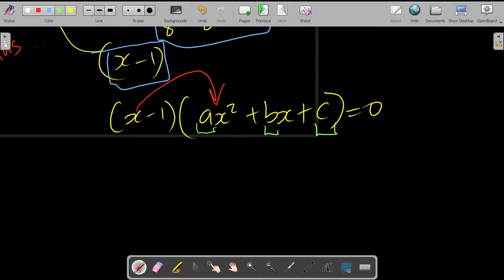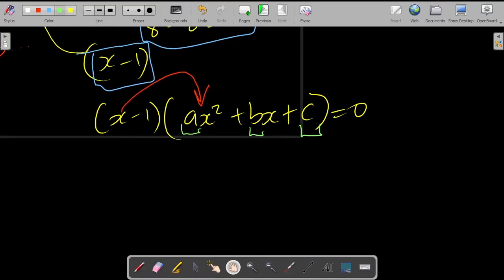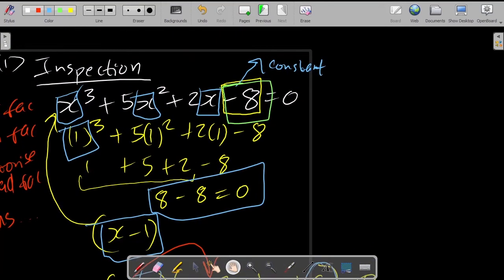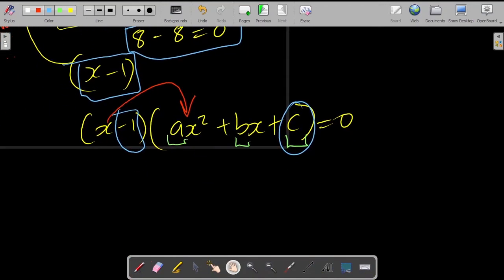The easiest one to find will be the constant, because this constant only comes from you multiplying this constant with that constant. There isn't any other multiplication that will lead to the final constant in your original equation. So you already know, or you already can find what the constant in the quadratic formula should be.